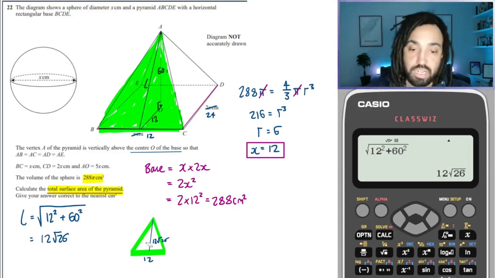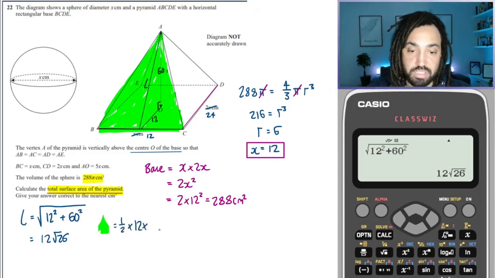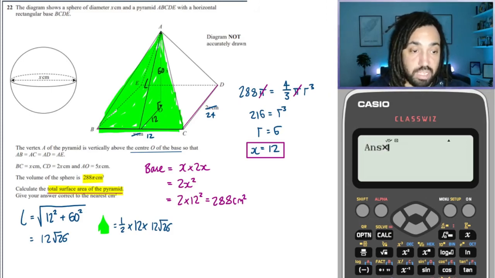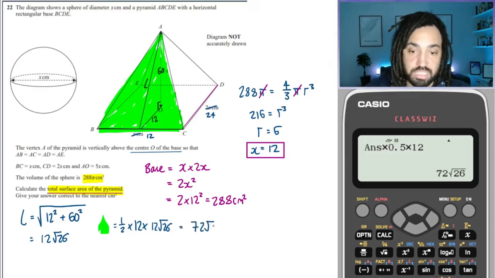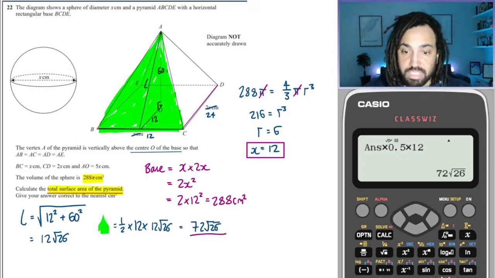So that green triangle is going to have an area of a half base times height. So we could times that 12 root 26 by a half and by 12. And we get 72 root 26. Okay, so let's leave that and save it for later.